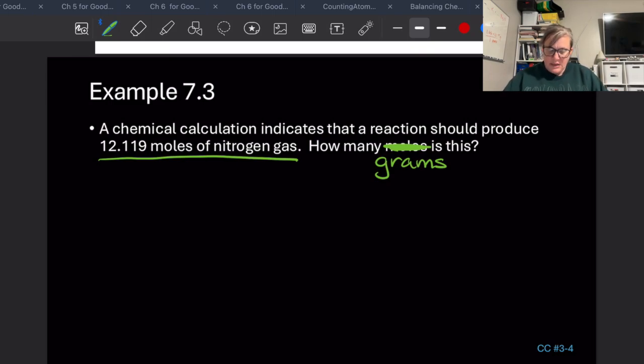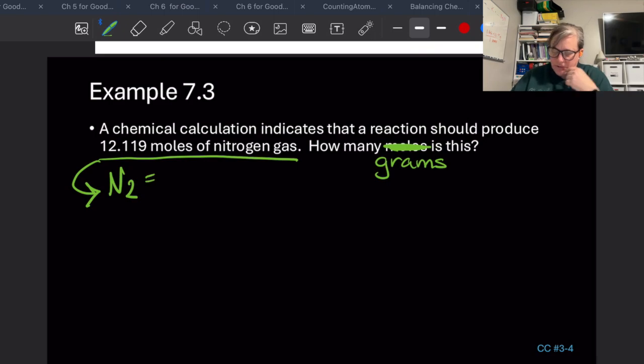All right. Now, here's the deal. First of all, we have to think about nitrogen gas. What do you know that's special about nitrogen? It's in that 7 section on our periodic table. Remember that it always wants to exist as 2 molecules together. So nitrogen is a homonuclear diatomic, N2.